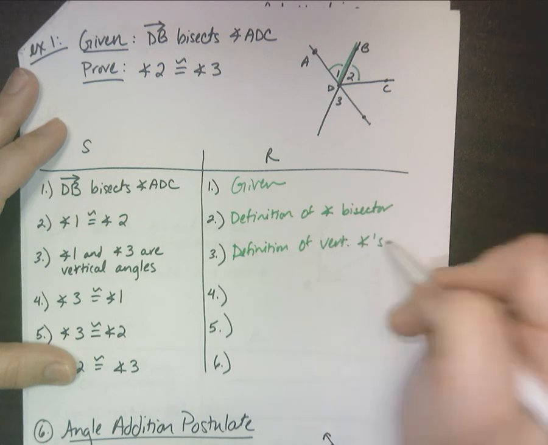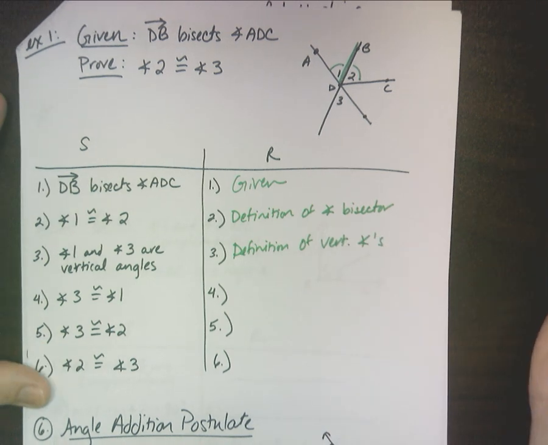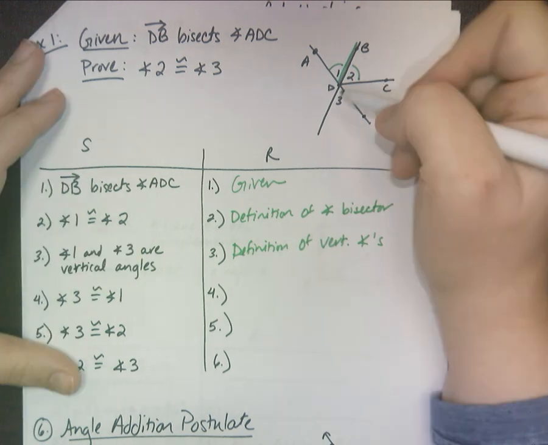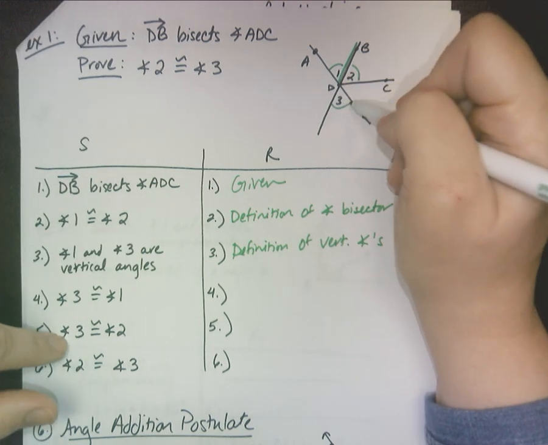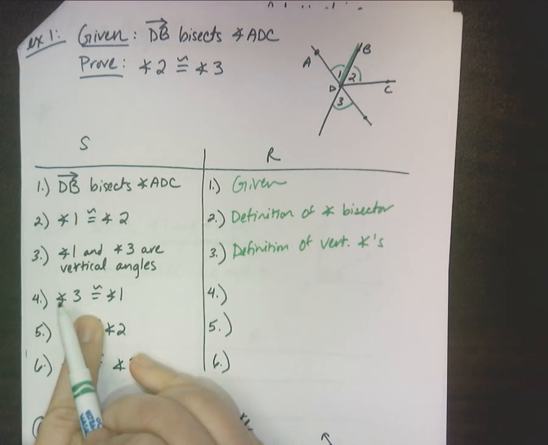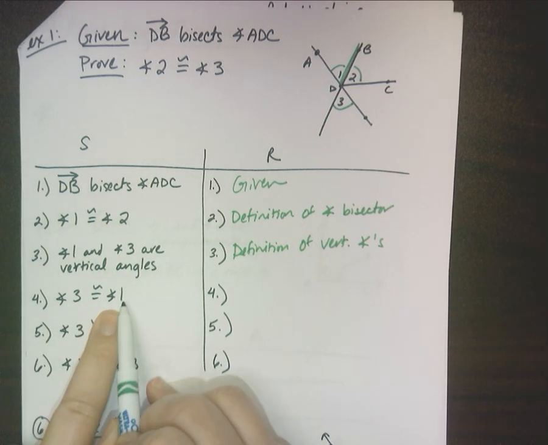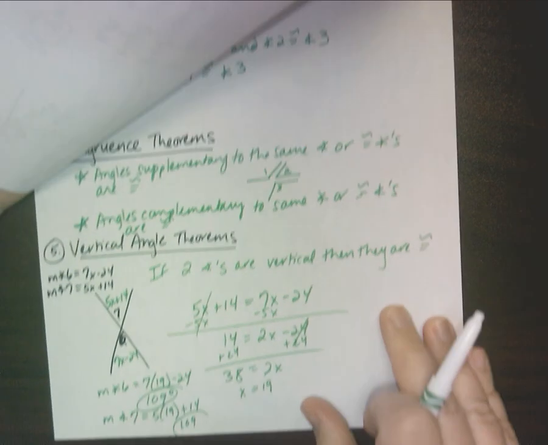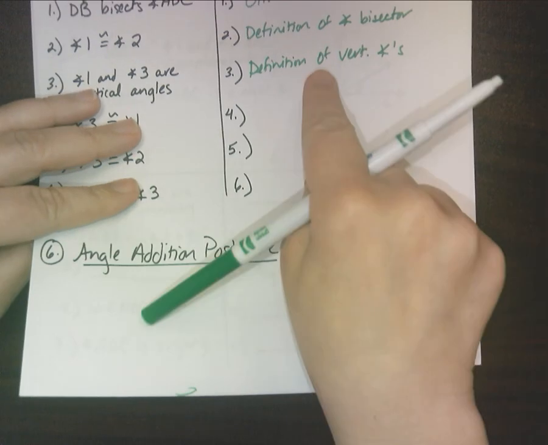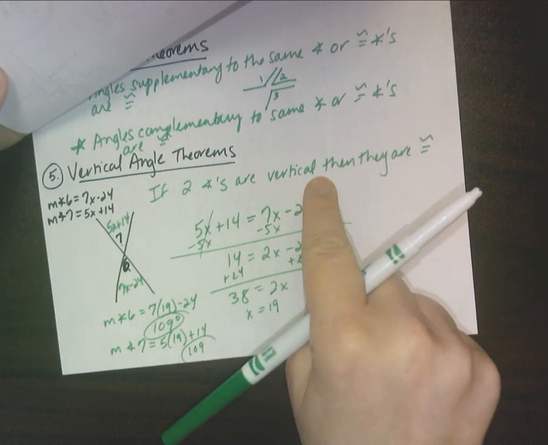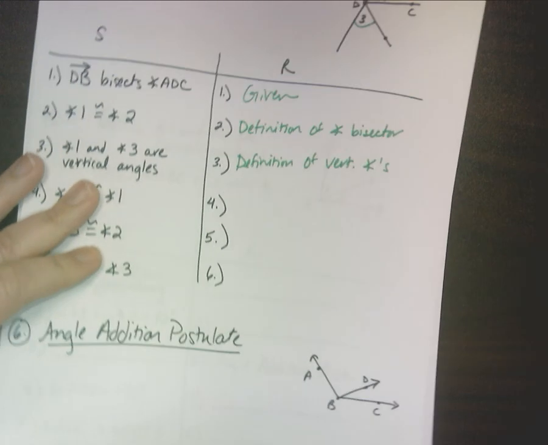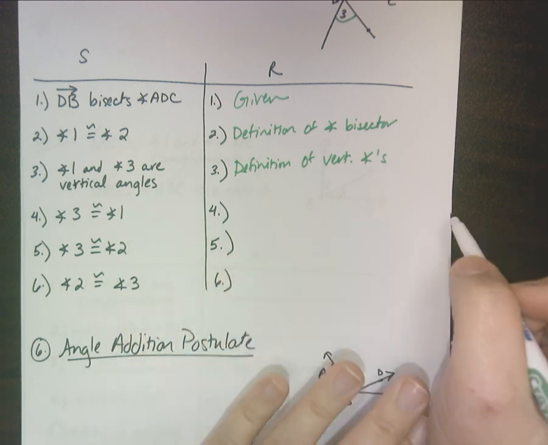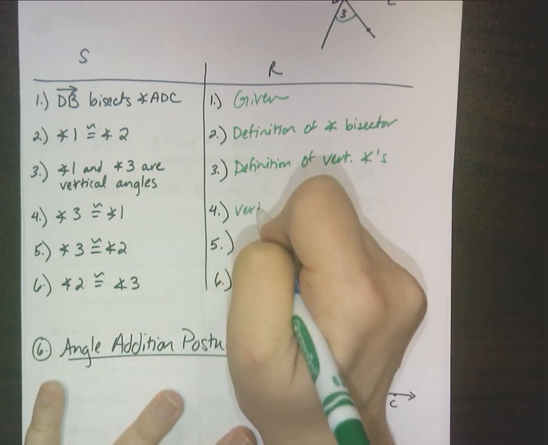Now, if I told you they're vertical angles, why am I allowed to tell you that they're congruent to each other, which is number 3? Angle 3 is congruent to angle 1. Why am I allowed to say that? We'll go back. If two angles are vertical, which we just said they were, then they're congruent. So that's what you can write. You can write that whole long thing, or you can say the vertical angle theorem, or I just say vertical angles are congruent.